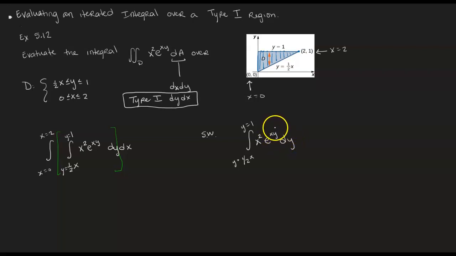In this case, y only shows up in the exponent of the exponential term. We will need to do a little baby u sub. Let's let u equal x times y. Then du will be x dy.